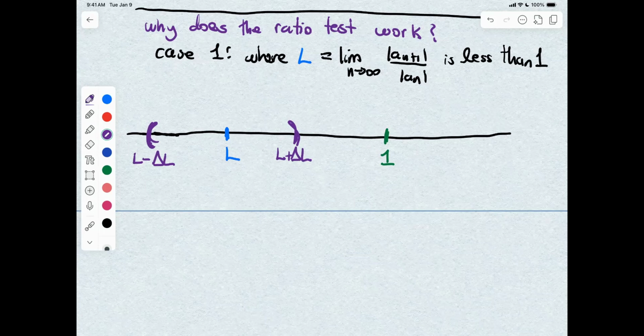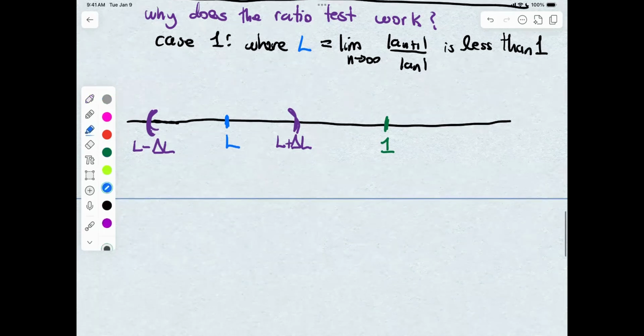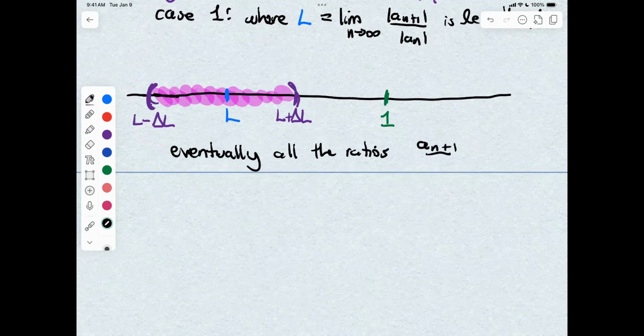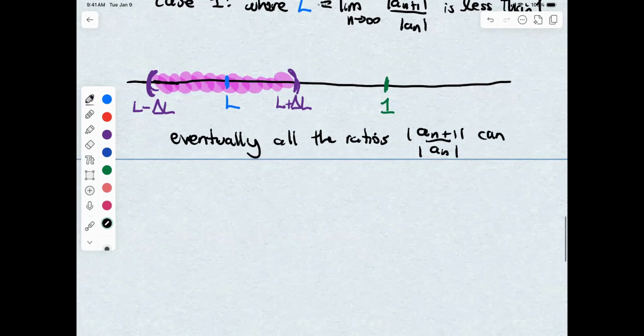So there's a safe zone around the limit, and eventually all the ratios have to drop into here, right? So eventually all the ratios can be found inside this interval.